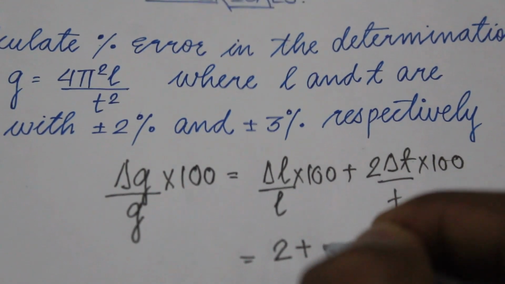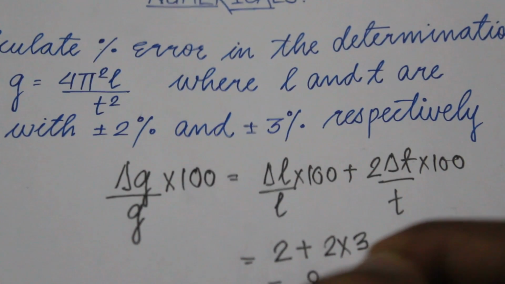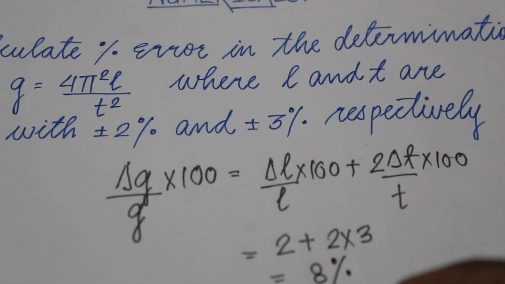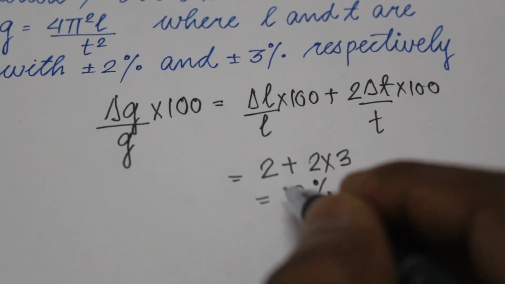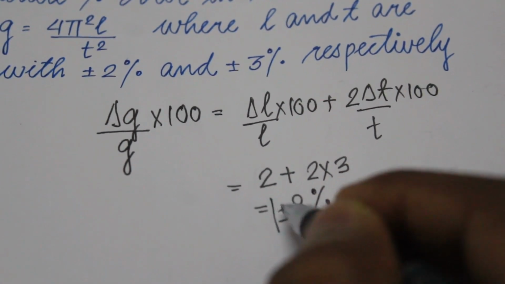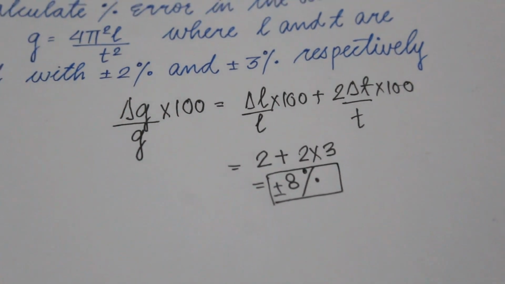So we'll write plus 2 into 3. This comes out to be 8%. So the percentage error in g will be equal to plus minus 8%. This is how you will solve the numerical.